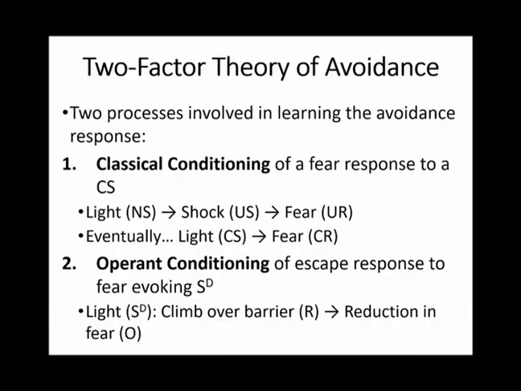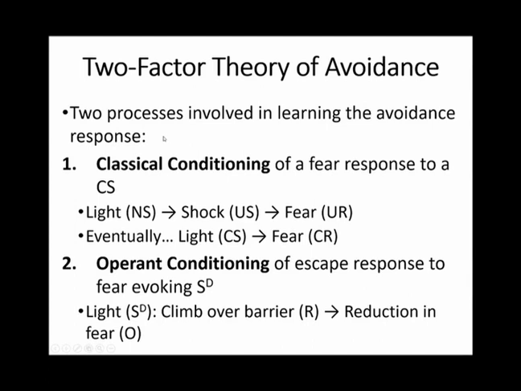We're going to talk about the processes that are involved, and specifically we're going to look at avoidance because the escape learning was pretty straightforward. We talked about our stimulus, our response, and our outcome, but our avoidance learning or our avoidance conditioning is going to involve two processes.